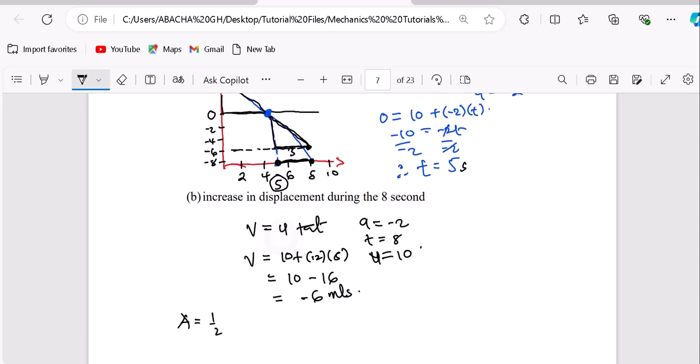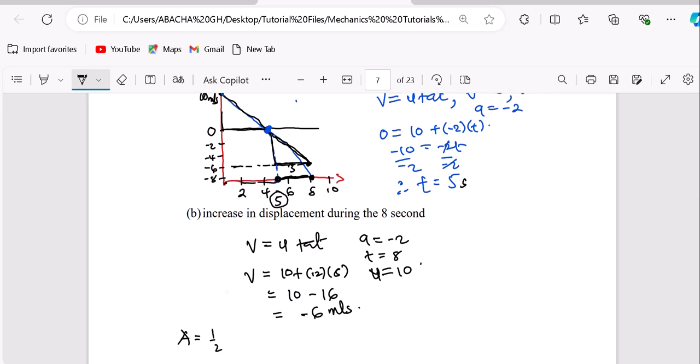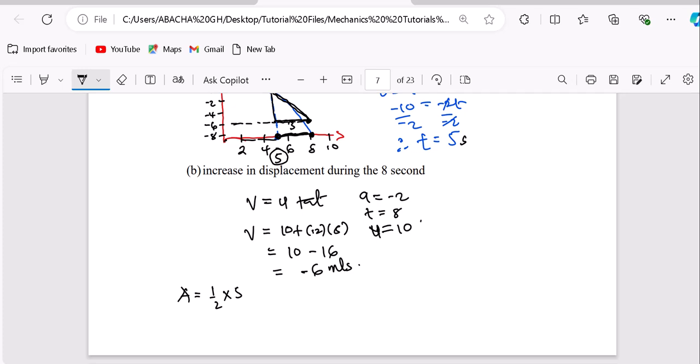The base for that one is 5, because from here to here the time is 5, and the height is 10, so everything here equals 25 meters.